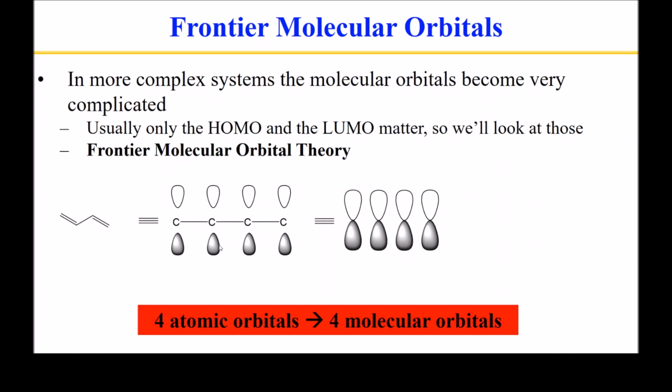Each one of these p orbitals right here represents a separate atomic orbital. And when I move those atomic orbitals together in this fashion, they produce a single molecular orbital that could be diagrammed something like this, where the electrons can exist either above the carbon strand or they can exist below the carbon strand, and that represents a single molecular orbital.